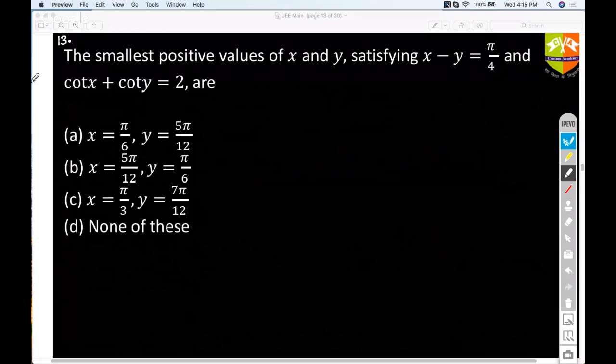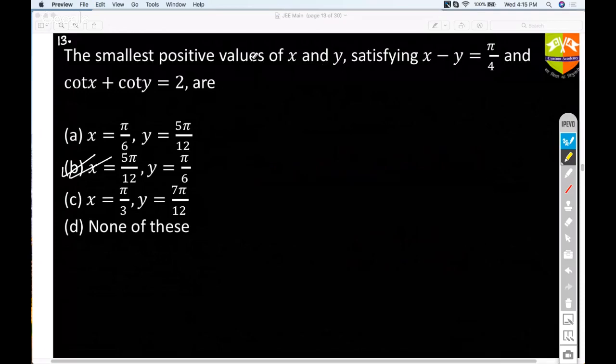Yeah, it's a super simple question. Option B only satisfies it. But let's say if you have to solve this rigorously, how will you solve this? Now, assuming none of these is an option, then only you can take this chance.